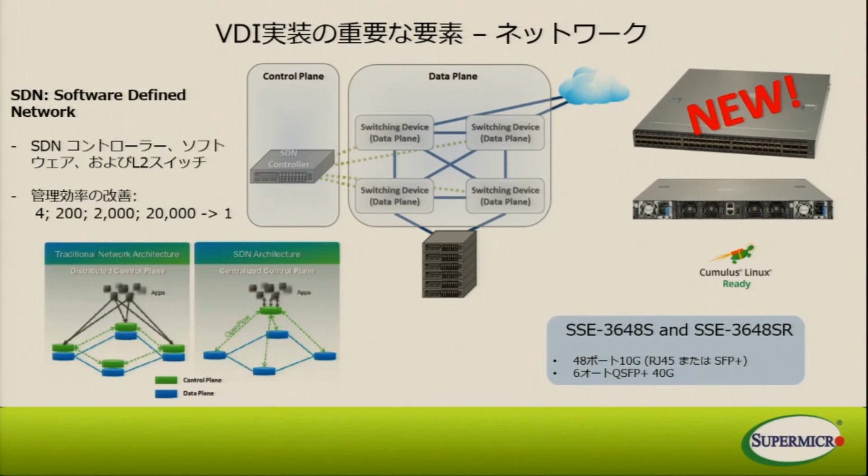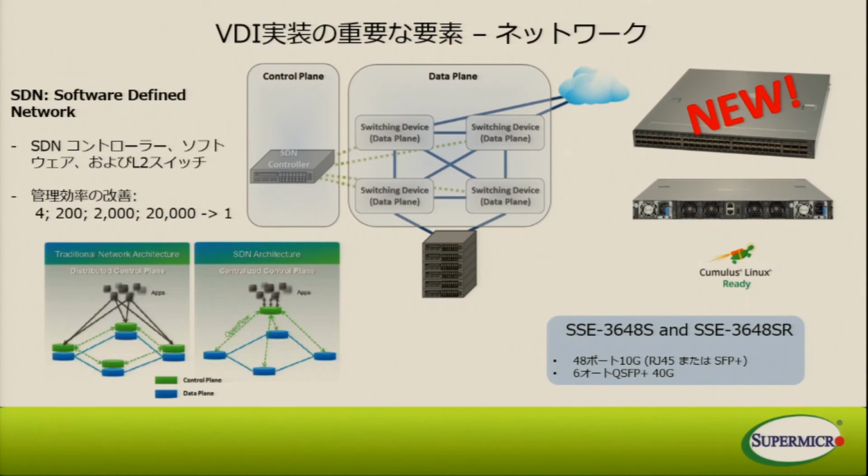And another important thing is the network. Recently, we have some switches called software-defined network. We run some software here, and from the SDN controller, you can send a routing table remotely to update it very quickly, along with some other routing parameters.